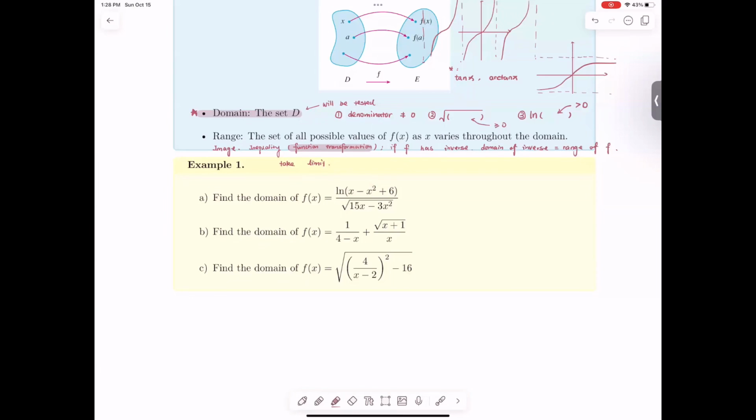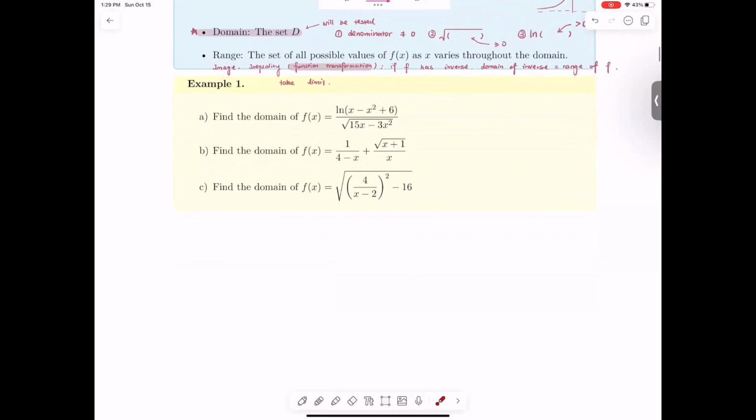If they ask you what the range is, most likely it can be solved using function transformation. You start with the parent function, you shift it, you scale it in some way, and then you get to the final function. That can tell you the range of the function.